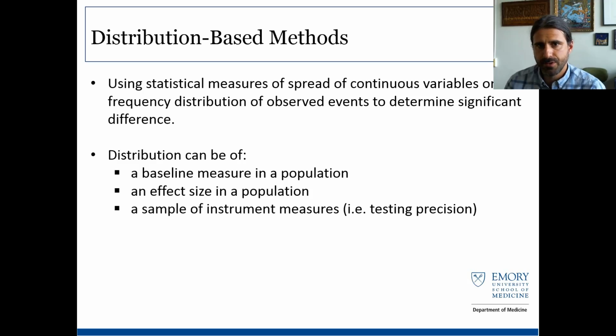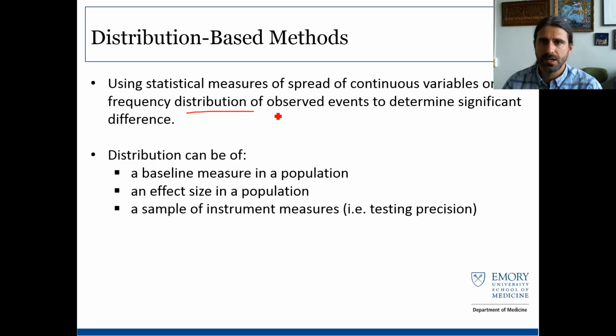So let's talk about distribution-based methods. This is just one aspect of trying to arrive at a meaningful and valid MCID. It uses only statistical measures of spread of continuous variables, or the frequency distribution of observed events, to determine significant difference. So this is the statistical component of arriving at an MCID.